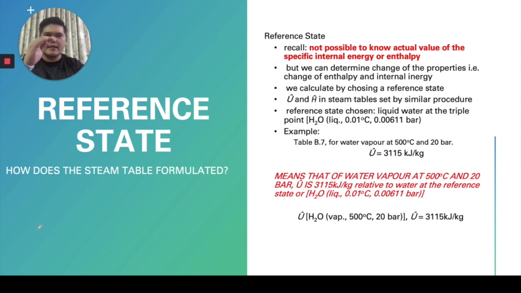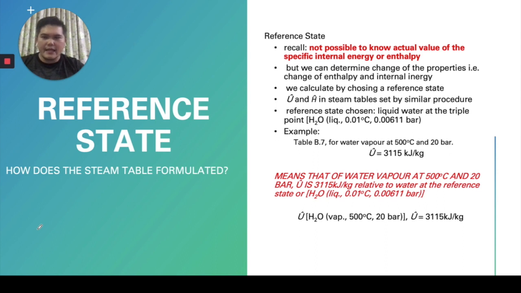At that particular point, they set the values of the enthalpy as well as the internal energy equal to 0. So if, let's say, you refer to Table B.7, for example, to look at the water vapor value at 500 degrees Celsius and 20 bar, the specific internal energy is given as 3,115 kilojoule per kilogram.